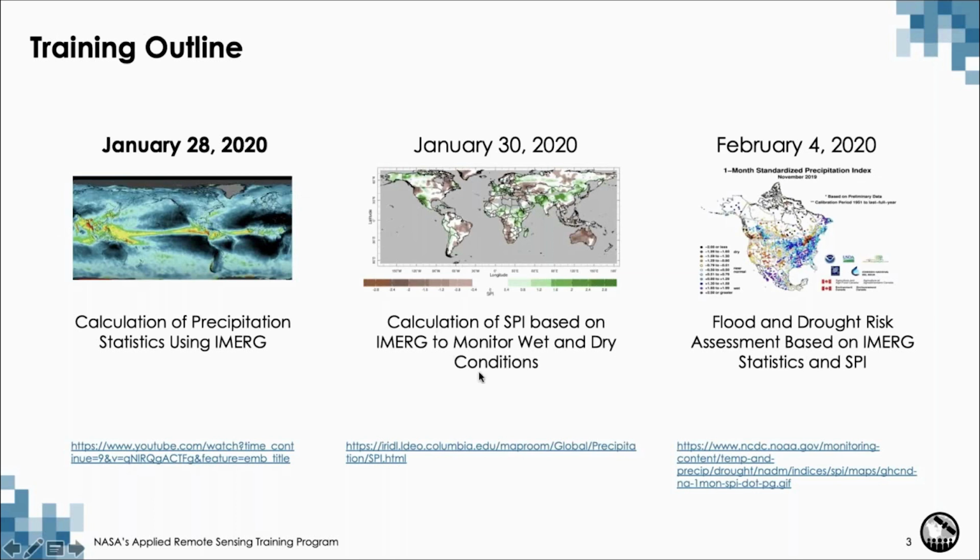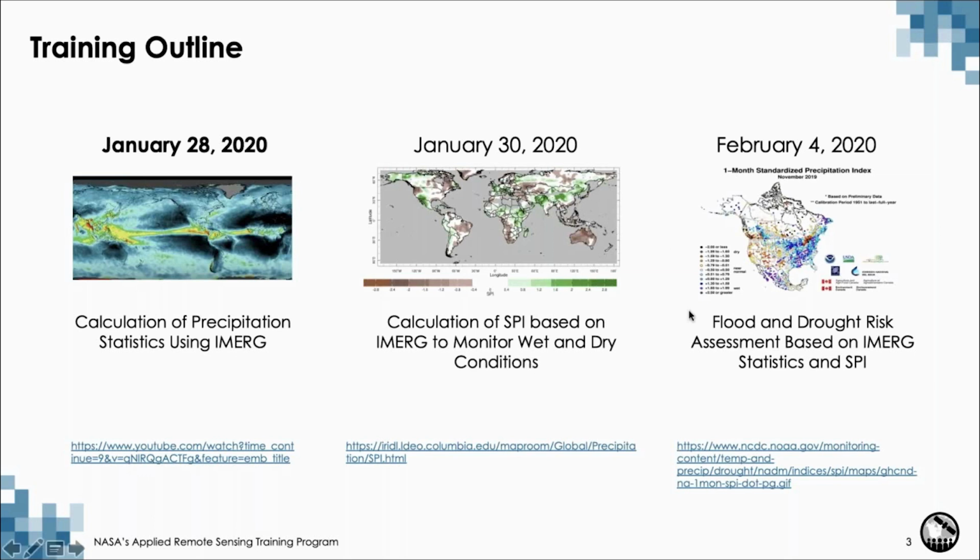Next week, we will focus on using scripts, which will be provided by Sean McCartney, to calculate SPI, again based on iMerge. And in both these weeks, we will have hands-on exercises that you can conduct to learn to follow the procedures and learn how to use the data and calculate statistics.